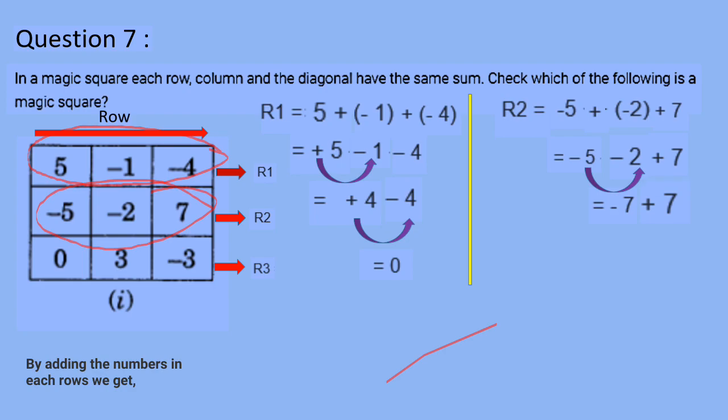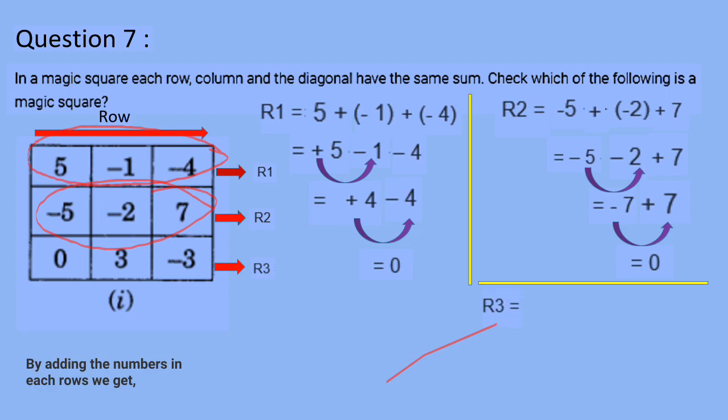The remaining integer is plus 7. So here again two integers, different sign, so I'm going to subtract these two integers. So 7 minus 7 is 0. I got 0. Row 2 also the sum is 0.